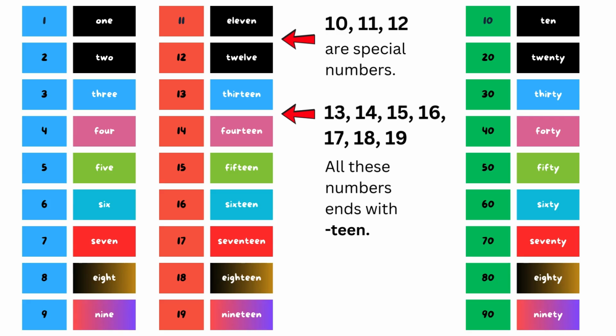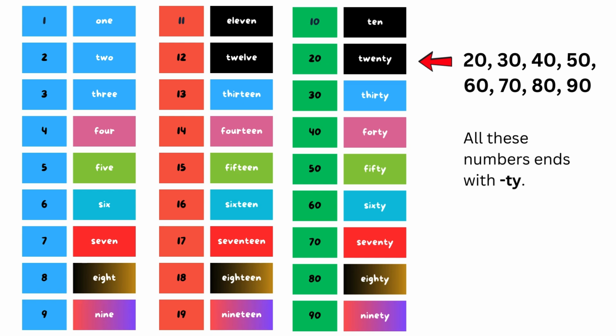But for 13, 14, 15, 16, 17, 18, and 19, all these numbers end with teen. But for 20, 30, 40, 50, 60, 70, 80, and 90, all these numbers end with ty.